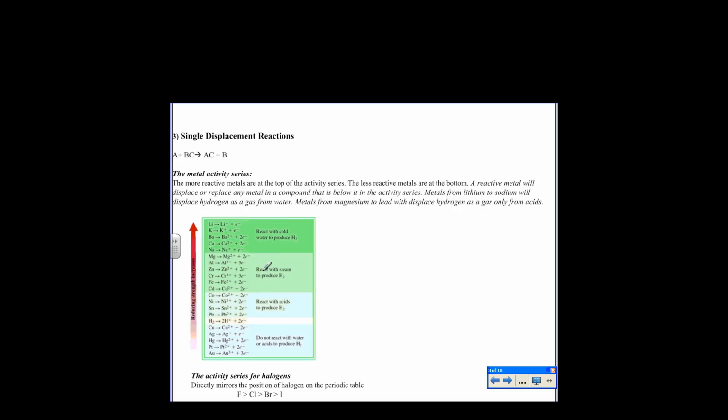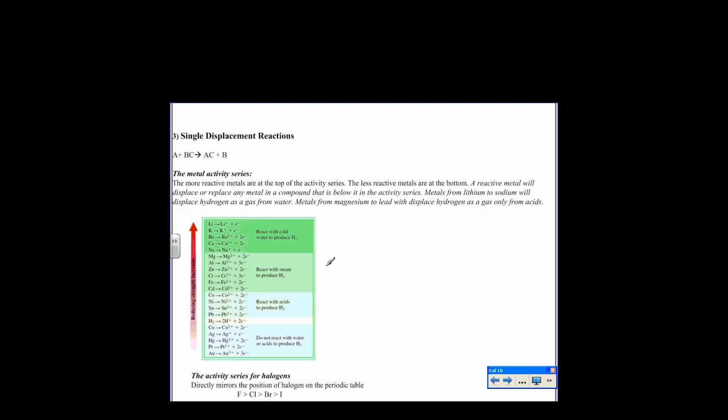This section here will react with steam, but you're not going to see that covered very commonly. Anything above the hydrogen will react with acids to produce hydrogen. Other than that, this list can be used to compare the reactivities of one metal to another.